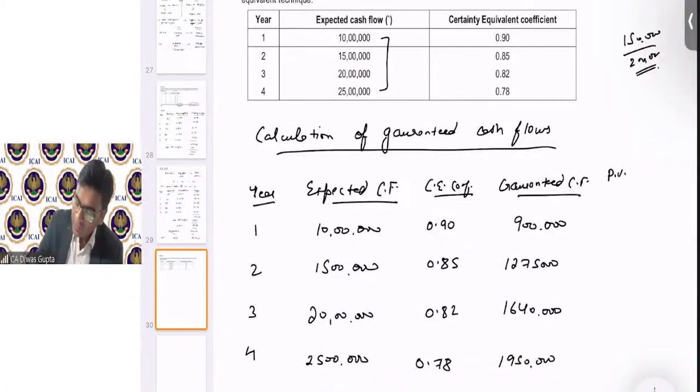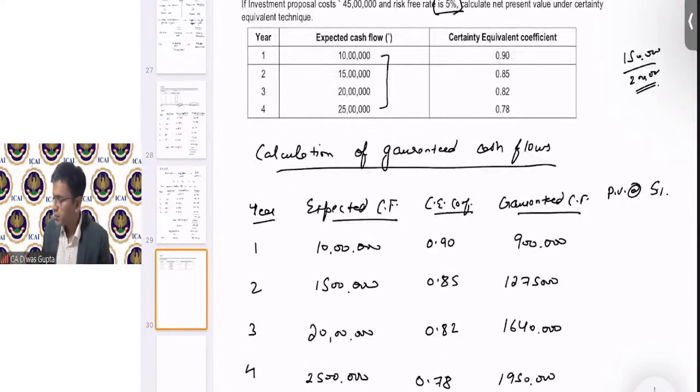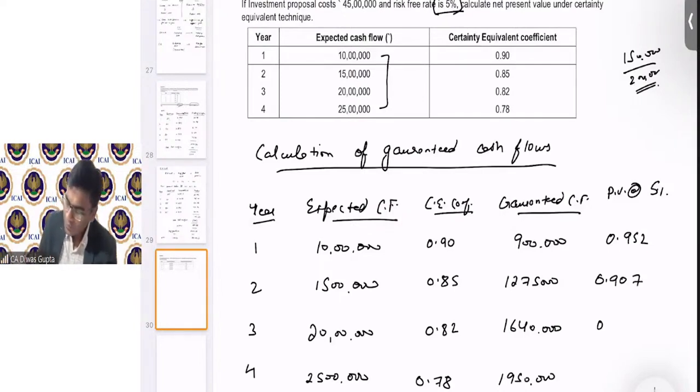Now we will mention the present value factor at the rate of 5%, 1 divided by 1.05, which is 0.952, 0.907, 0.864, sorry, and 0.822.